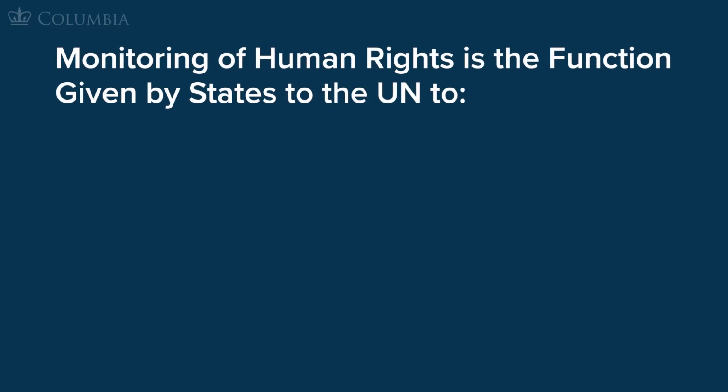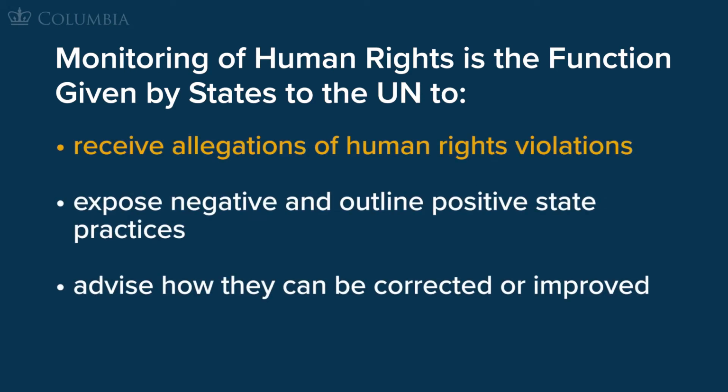Monitoring of human rights is the function given by states to the UN and other intergovernmental organizations to receive allegations of human rights violations, expose negative and outline positive state practices, and advise how they can be improved.